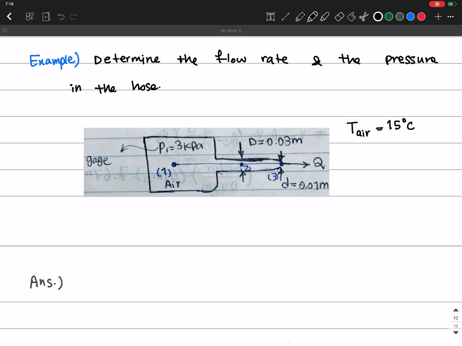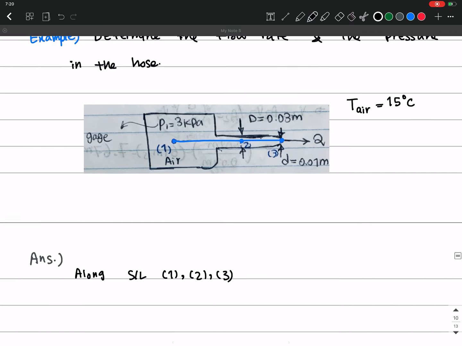So answer. First of all, I write the Bernoulli equation along the streamline that I've shown here. So this is the streamline that I've already drawn here between point 1 and 2. So along streamline 1, 2, 3, which is shown here, I write the Bernoulli equation.